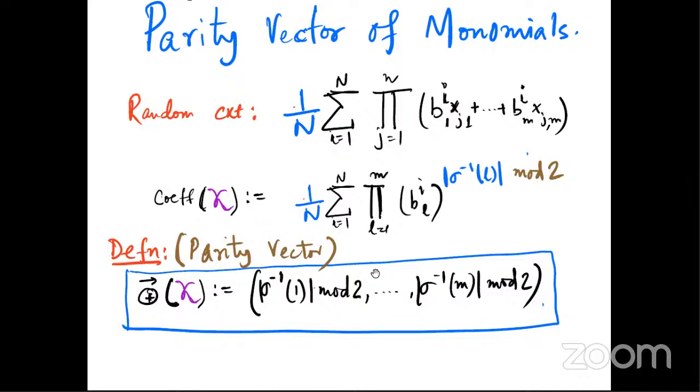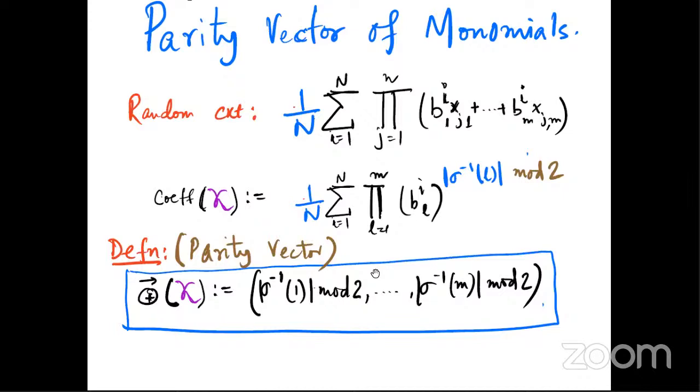Because if I know the parity vector, which is given by the following things, it's an m-dimensional vector corresponding to each of the copies. Each block has size m, the same m, and basically it's just saying the sigma inverse of 1 is saying how many times sigma hit 1, mod 2, was it odd or even.